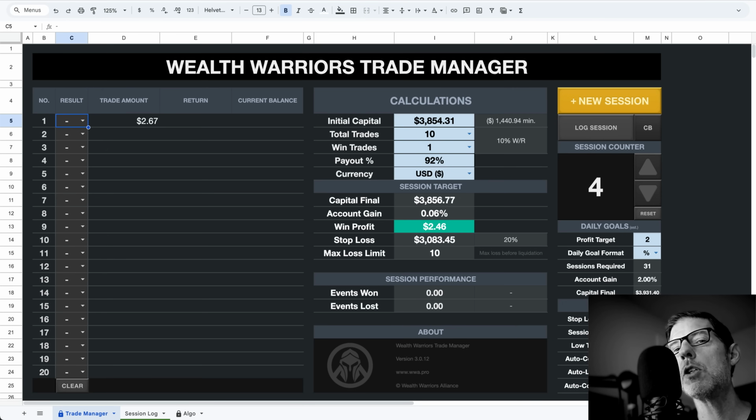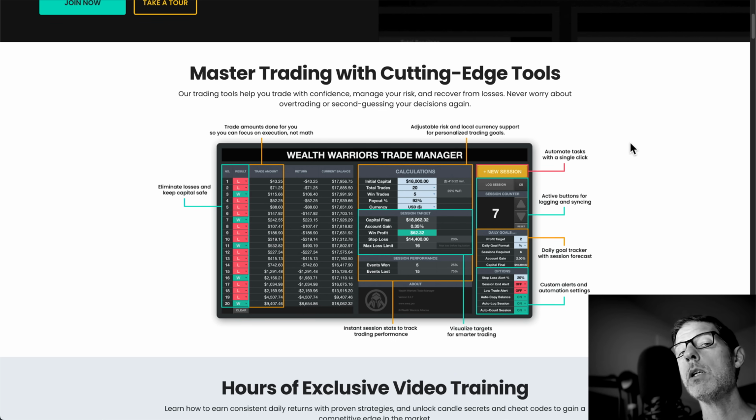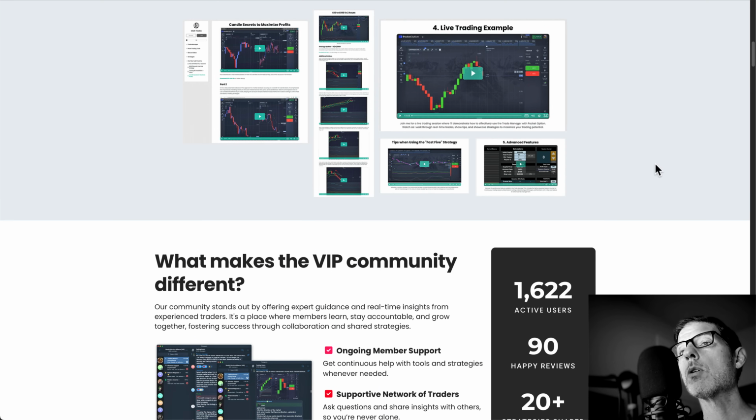This is a new feature that we call copy balance. So after you have a profit, it will copy the balance with that new profit and replace the initial capital that you have up here so you can continue to trade and compound your account, because that's what it's all about. And that's what we do at the Wealth Warriors Alliance.